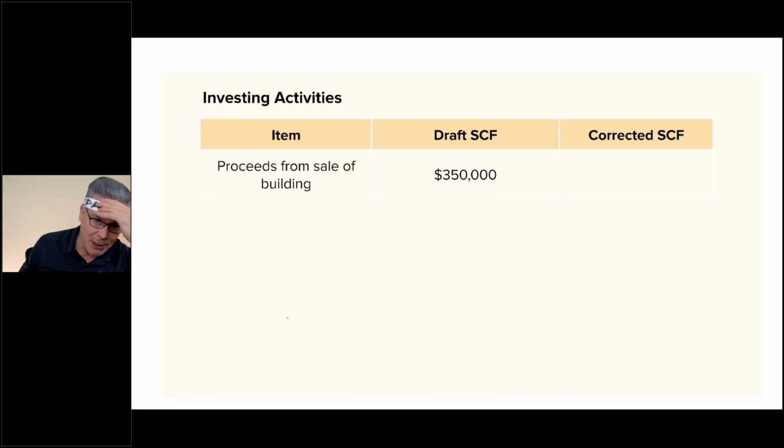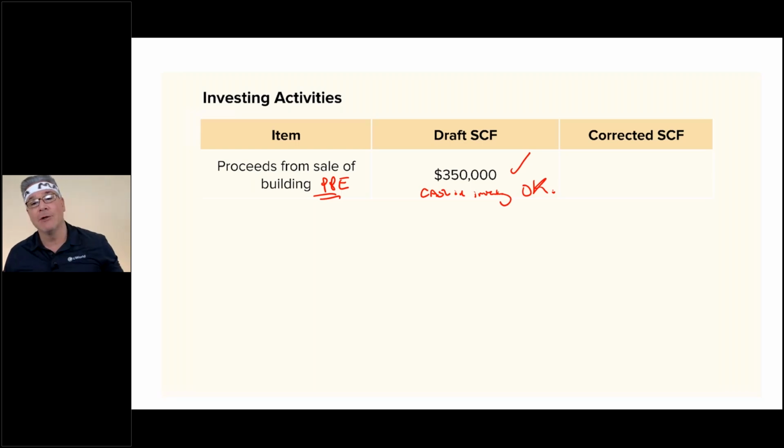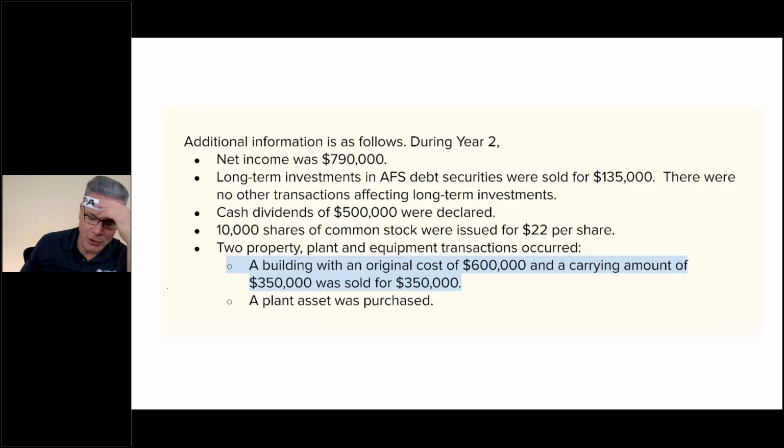Proceeds from the sale of the building, investing activities, your PP&E, your selling price. This should be a cash inflow investing. They had this as a cash inflow investing. They did the right thing. That's okay. No correction required. Okay, the building, original cost is $600,000. Carrying value of $350 was sold for $350.